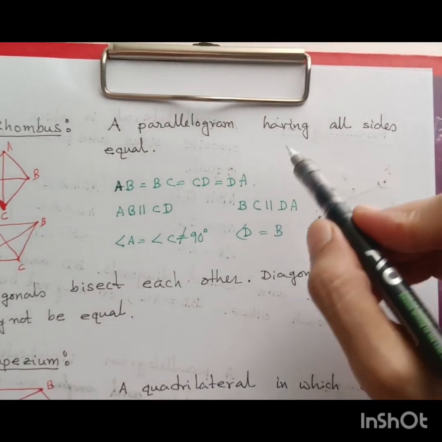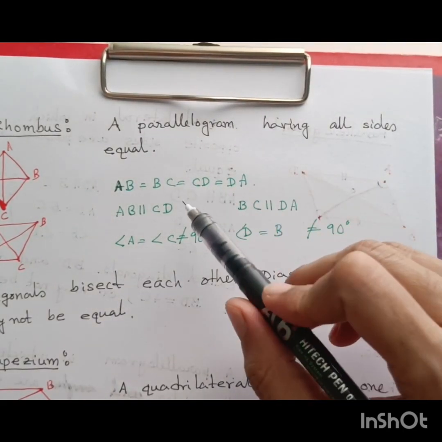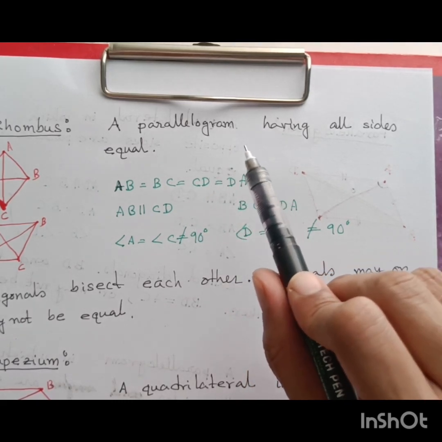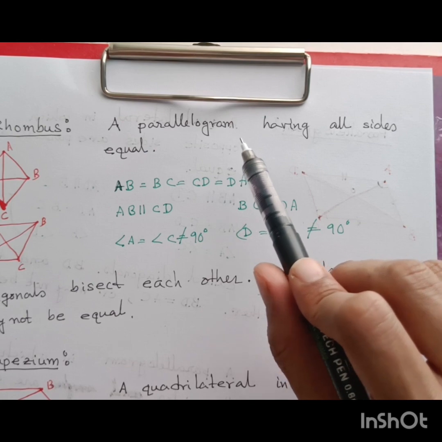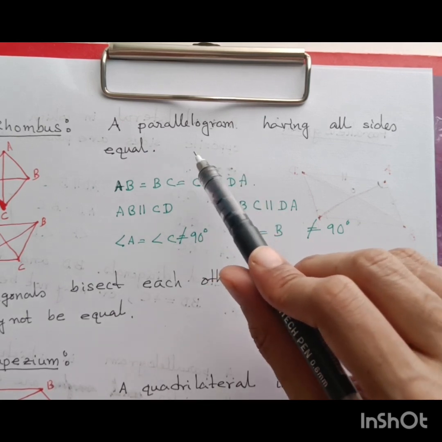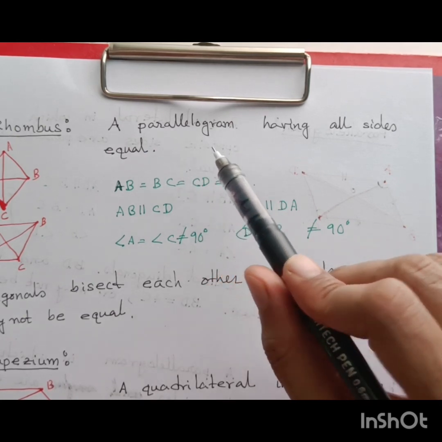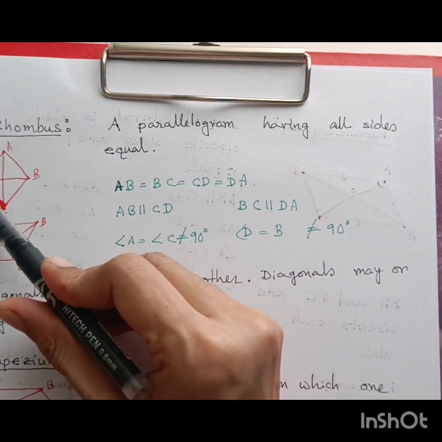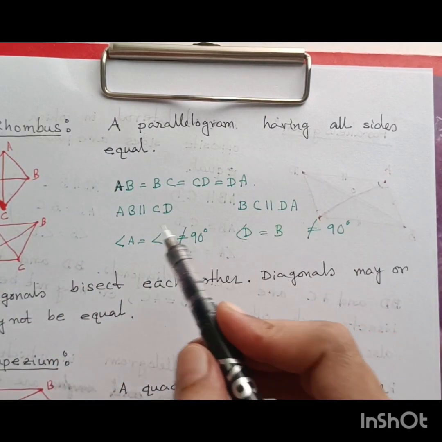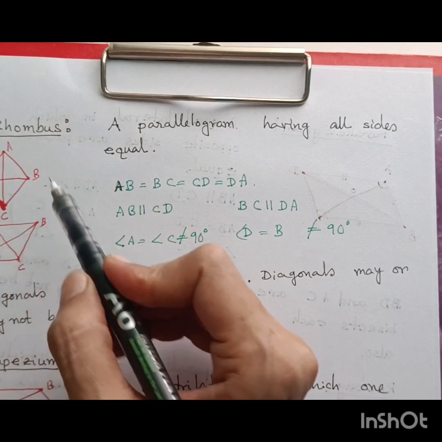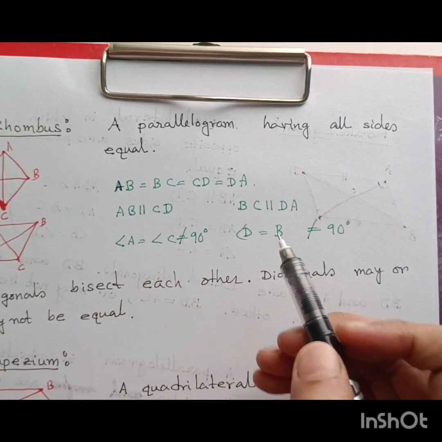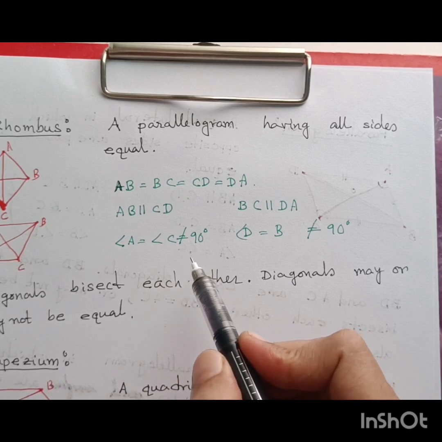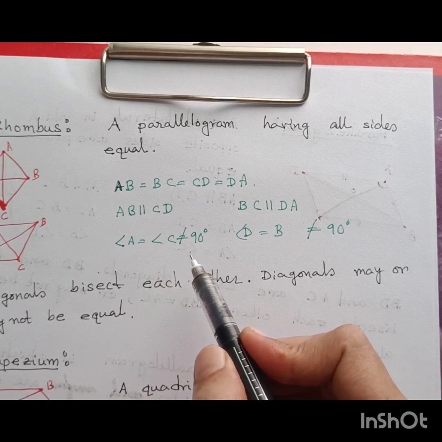Rhombus. A parallelogram having all sides equal. Like the square, rhombus has all the sides equal, that is AB equal to BC equal to CD equal to DA, and also opposite sides are parallel. But what is special and different from the square?